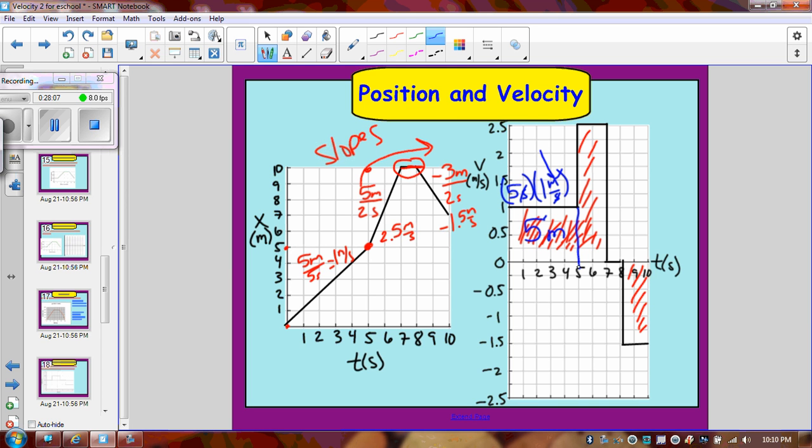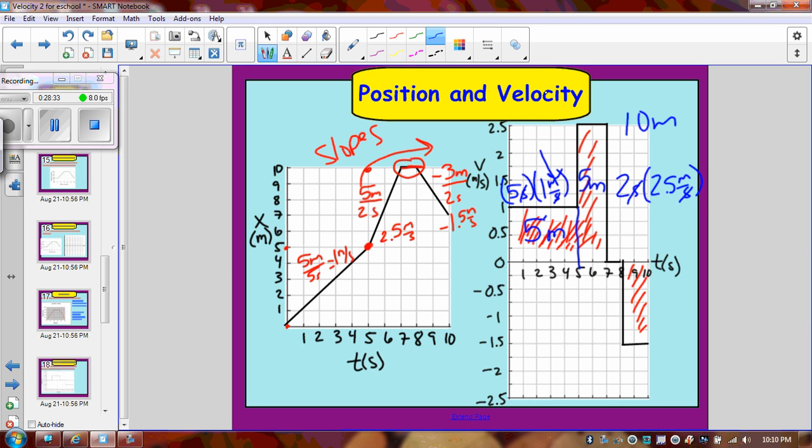Now, over here, the base is 2 seconds. Be careful, it's not 7 seconds, it's 2 because you only move over 2. Times the height. The height is 2.5, and the units are meters per second again. Seconds cancels out, and so 2.5 times 2 also ends up being 5 meters. So the total displacement for the first 7 seconds is 10 meters.